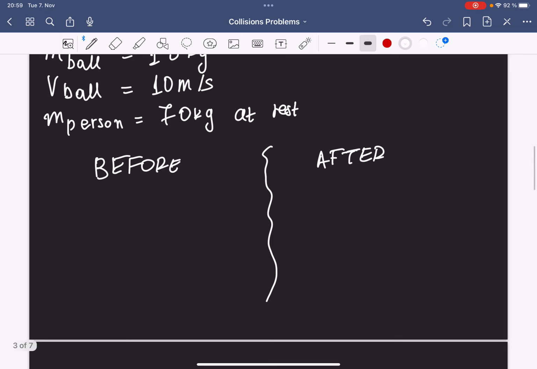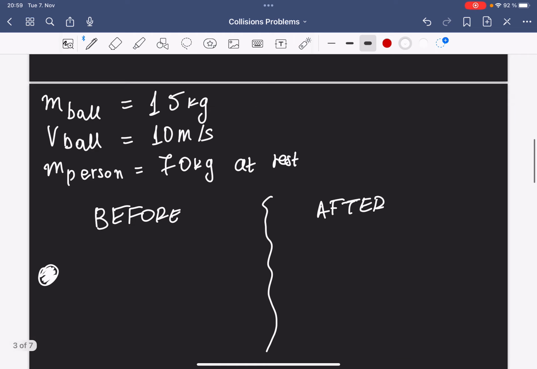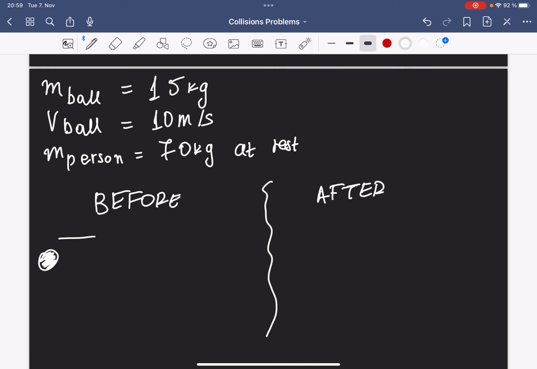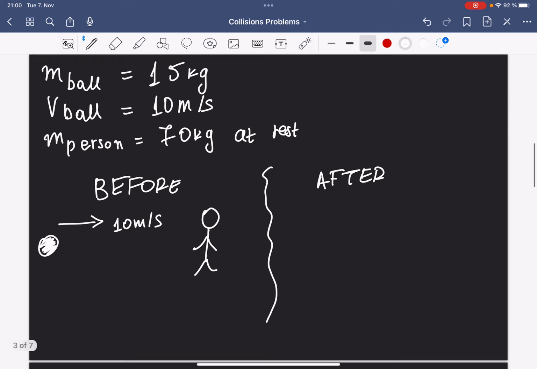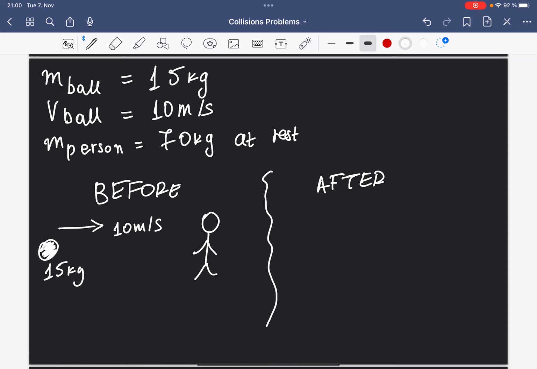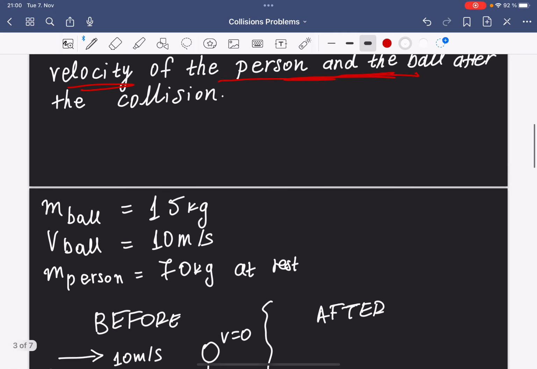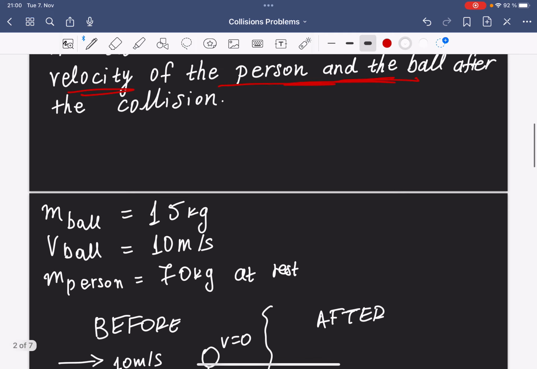So before, in the system, what we have is the ball that is going to be moving with 10 meters per second, and we have the person. So we have a 15 kilogram ball and a 70 kilogram person here, and this one has a velocity of 0. It's not moving, right? So it says at rest.